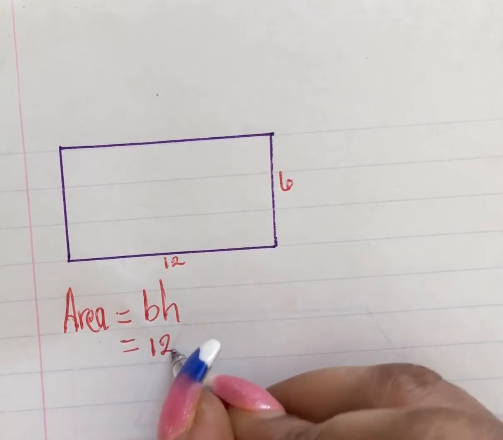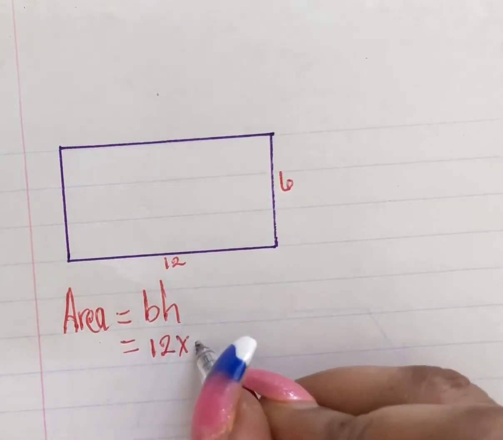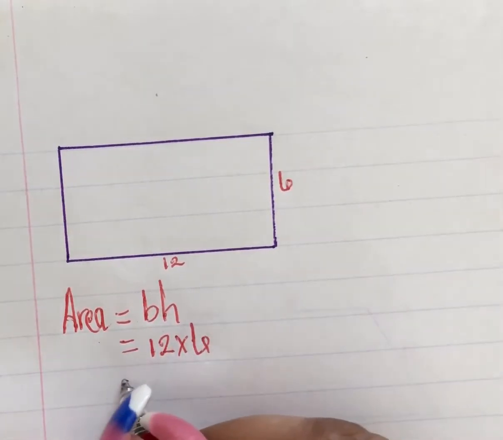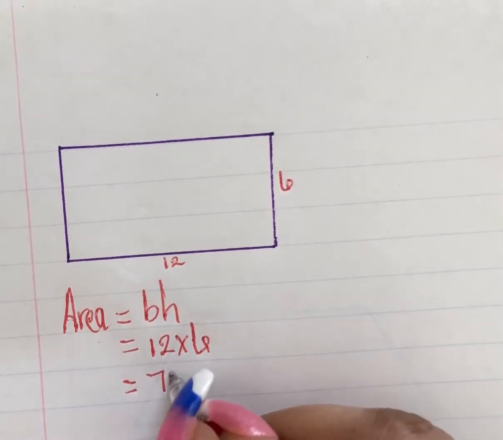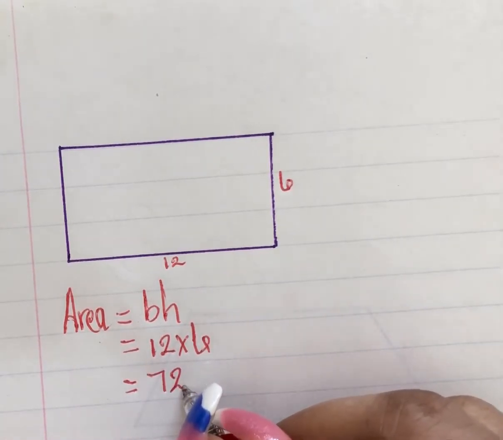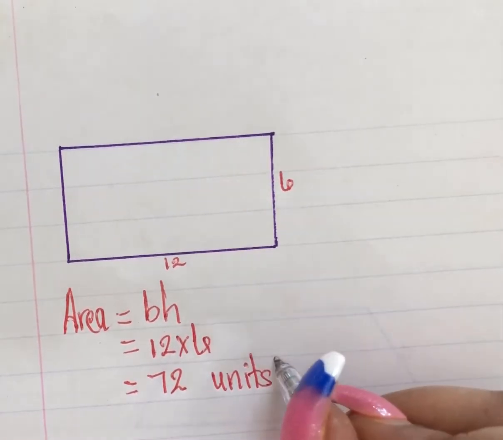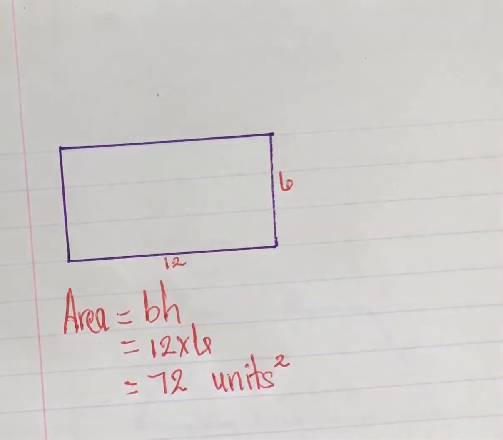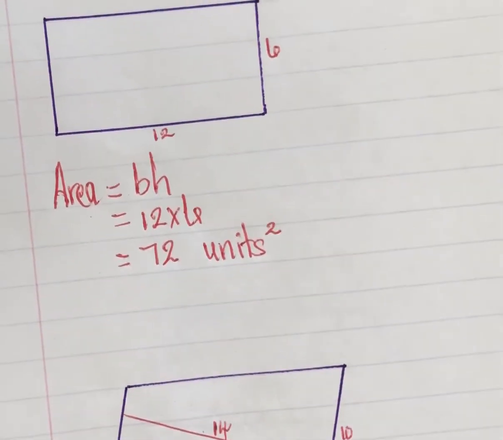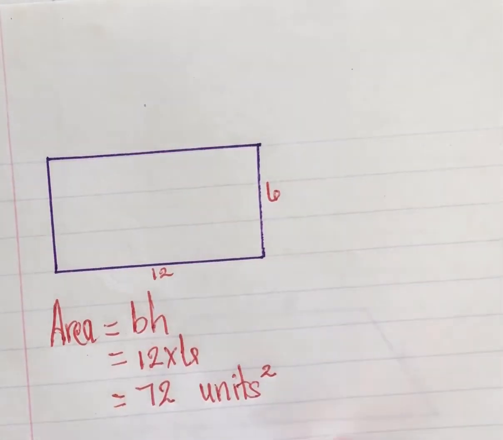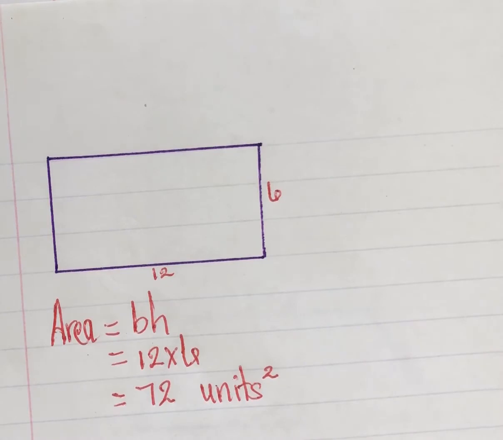I then substitute. My base is 12. My height is 6. 12 multiplied by 6 is 72. Because we are multiplying, we will use units square. Okay? And so we finish with that one.